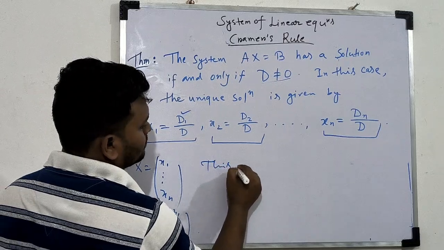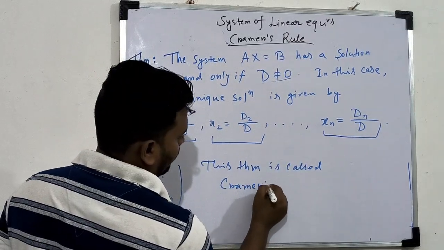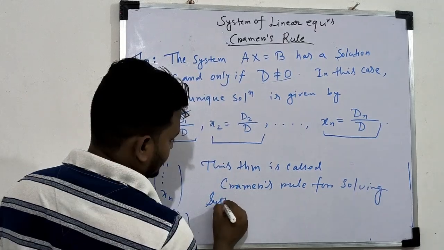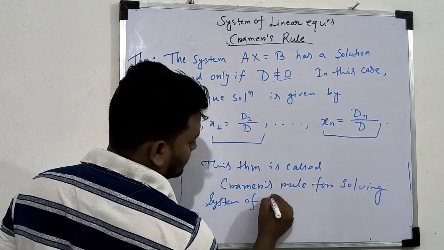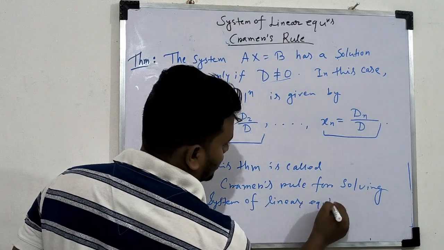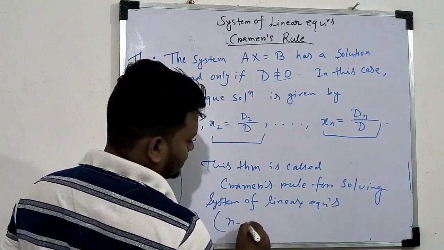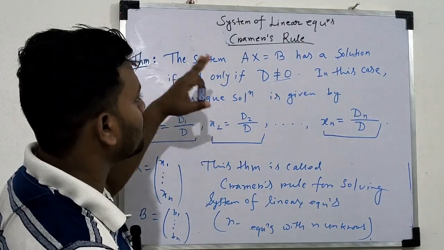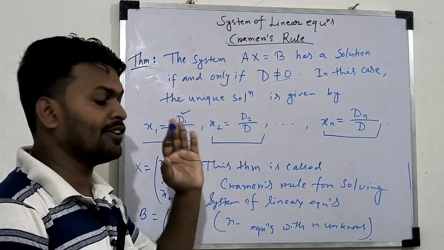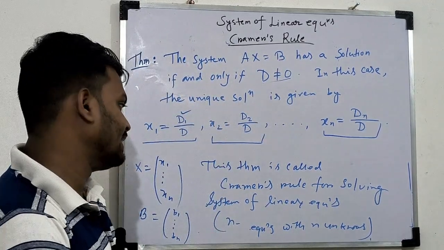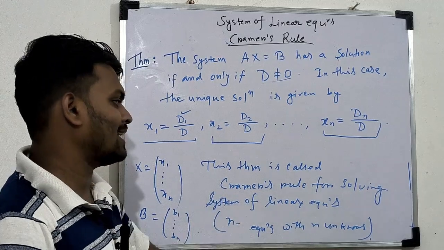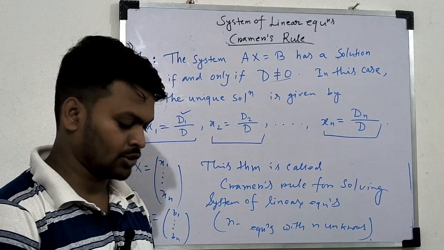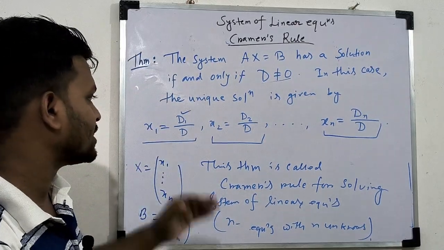This theorem is called Cramer's rule for solving a system of linear equations, n equations with n unknowns. We can solve the system by Cramer's rule if the system has n equations and n unknowns.